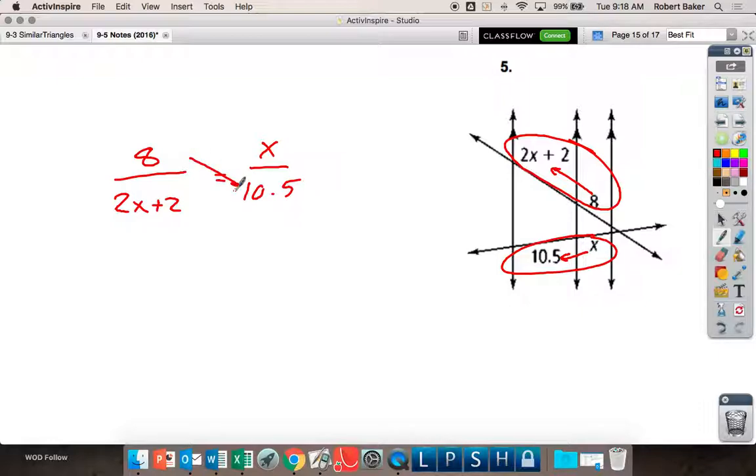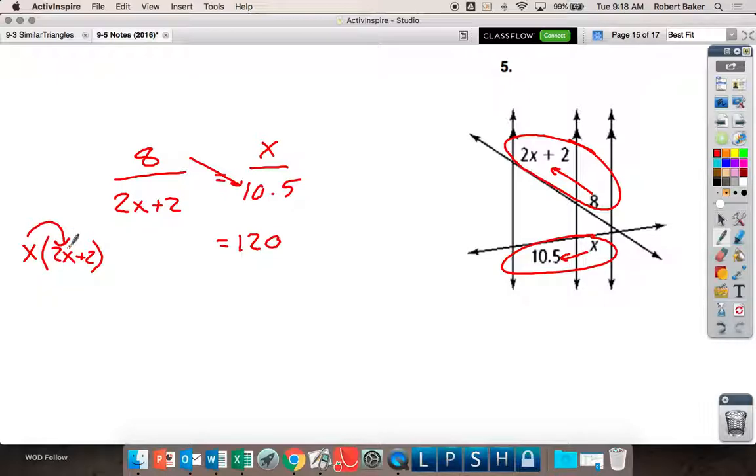Cross multiply. 8 times 10.5. Huh? 120. Now we multiply x times 2x plus 2.